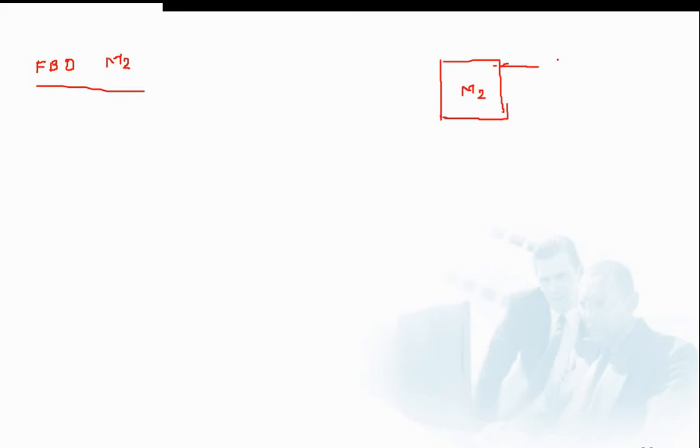Opposing force due to mass m2, that is Fm2. Opposing force due to the damper B2. Opposing force due to spring K2. And the opposing forces due to spring K1 and damper B12.